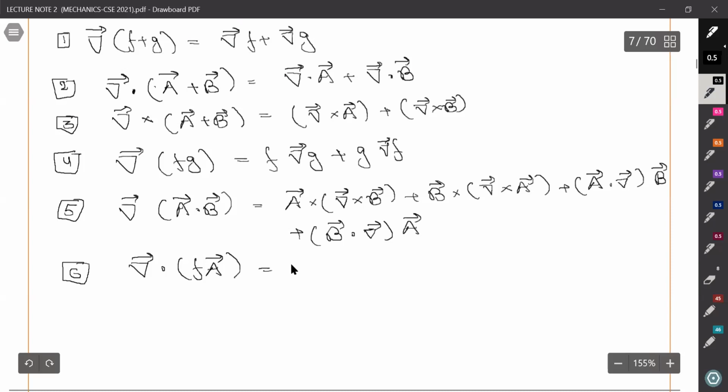So we can write it as this dot a, this is the dot. See clearly the dot where I have written dot. Okay. Let's move to this seventh one.